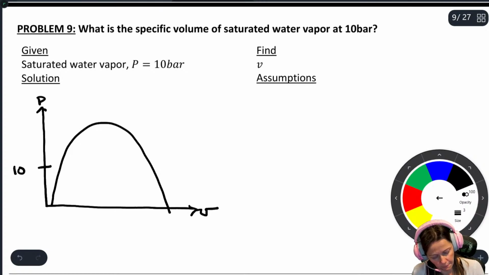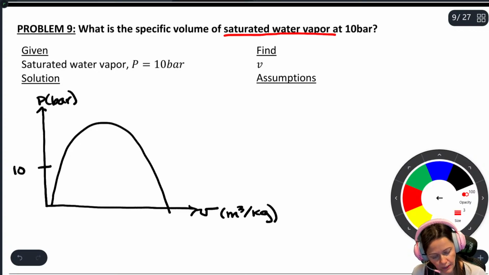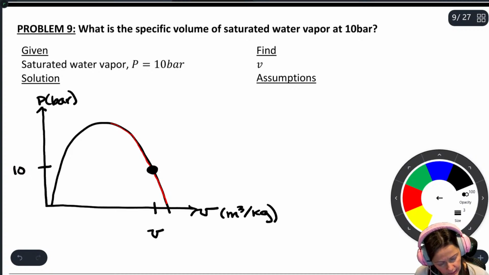So at 10 bar, well, it's saturated water vapor. So I know that it's somewhere on the right hand side of that dome. So it's going to be right there. That's the point I'm looking for. And so that is the specific volume that I'm looking at.